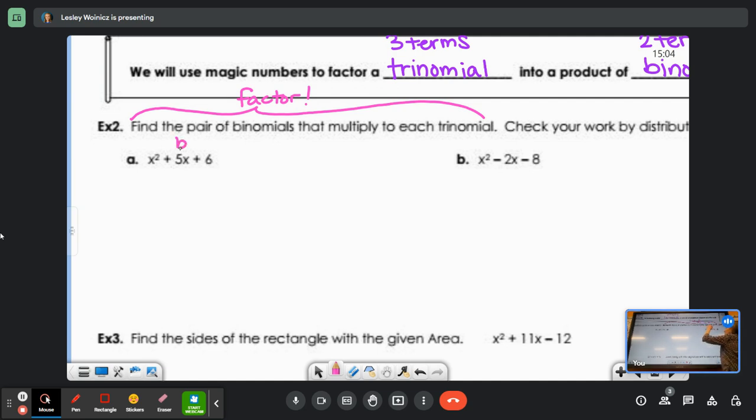Here's our B, here's our C, our A is 1. So we're going to multiply to the C value. Sometimes my 6's look like B's. So there's the C, and here's the B of 5. Oh, yeah, 2 and 3.